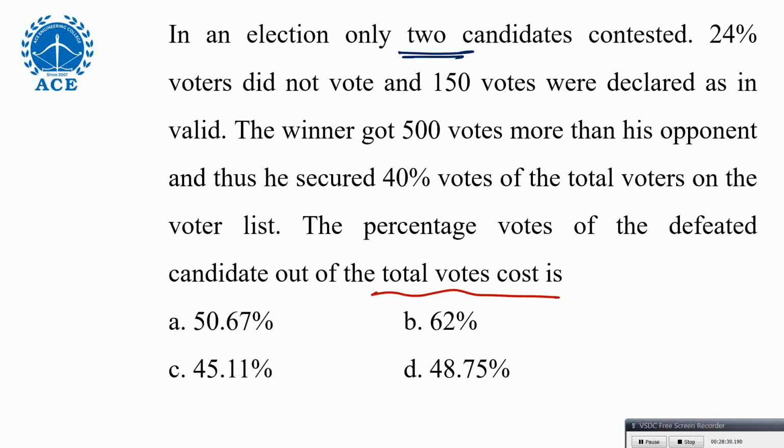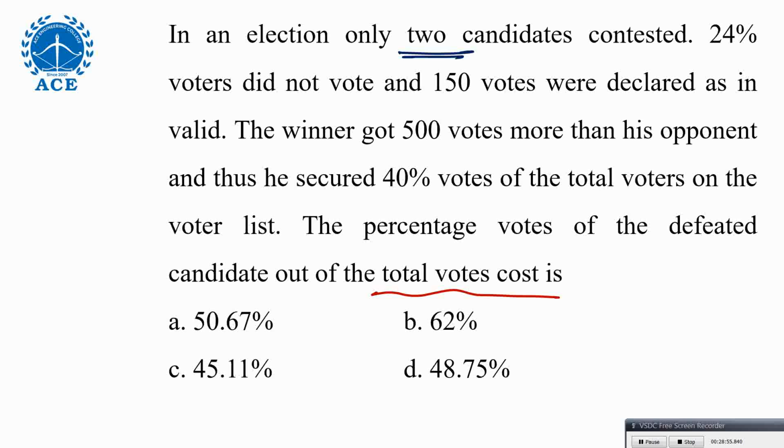I think there is a mistake here, in the percentage of votes of the defeated candidate out of the total votes cast. Because when the winning person himself secured 40% of the total, how can the defeated candidate get more than 40%? It's a mistake, right? Definitely. All options are wrong here.